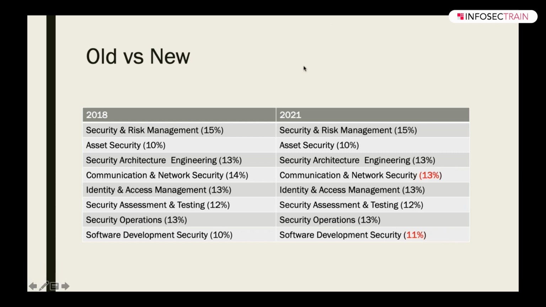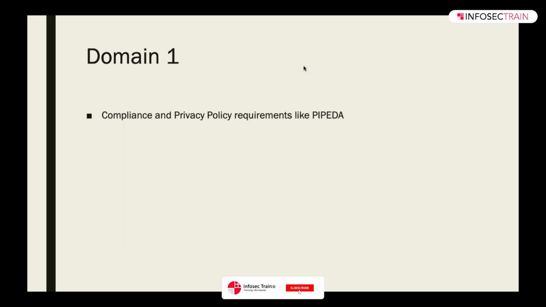All right, now let's see what the new topics are that have been included in the examination outline from May 2021. Domain 1 does not have a lot of topics. Everything that used to be there is still there. You don't have to worry much about it. Whatever you have already learned in domain 1, which has the maximum weighting in the examination, is still relevant.